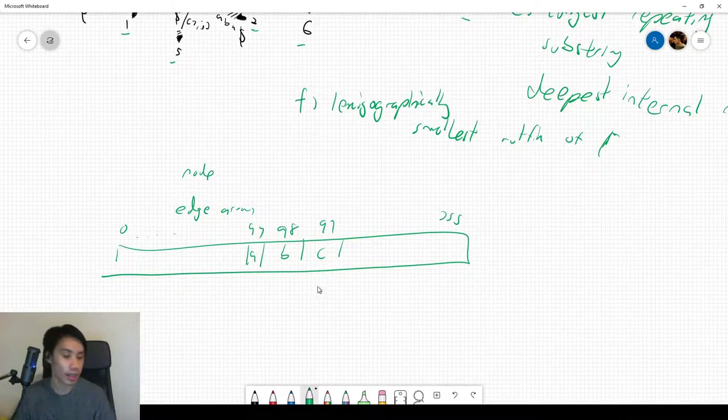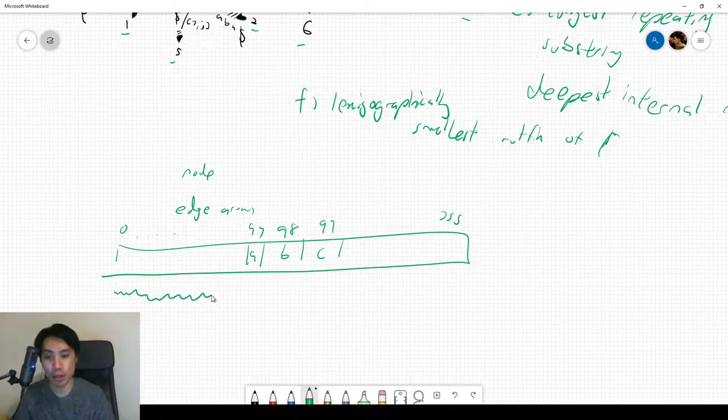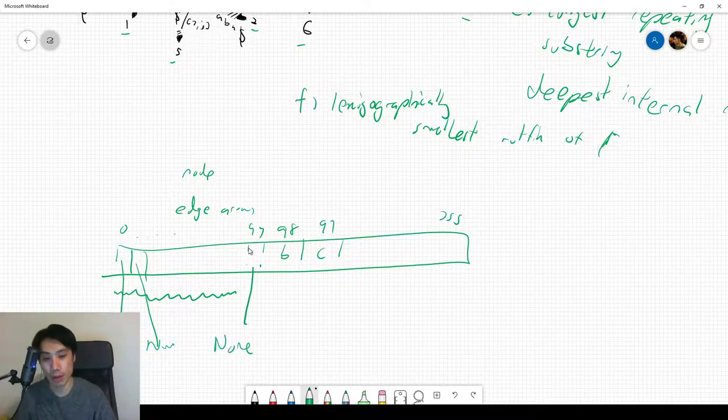So what you want is to look for the lexicographically smallest one. In other words, if the alphabet doesn't exist, it will be a none. If let's say A doesn't exist, position 97 is going to be a none. But let's say alphabet B exists.